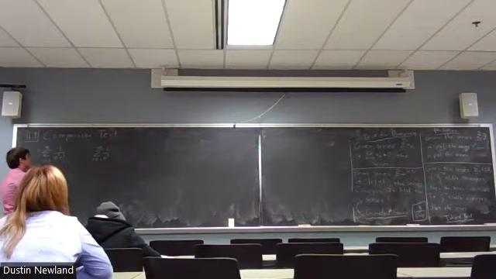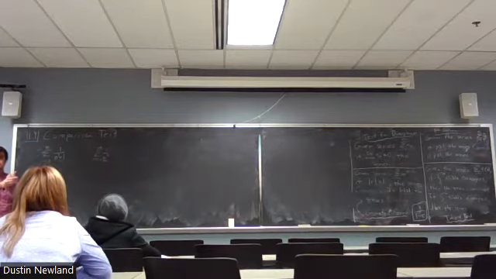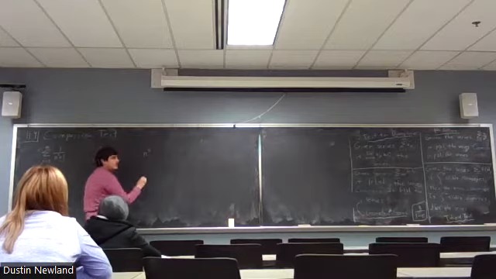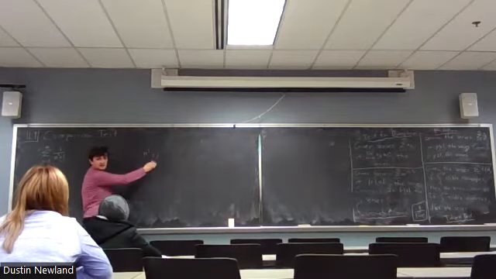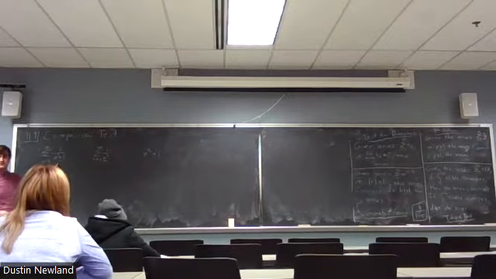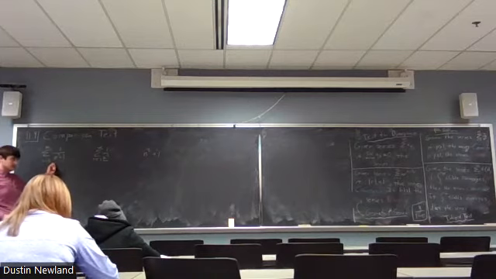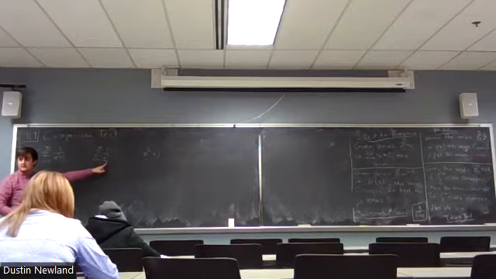If I have n squared and I add 1 to it, does it make it bigger or smaller? It makes it bigger. So the fraction is going to be smaller.